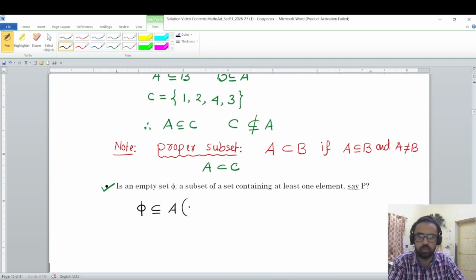What is an empty set? If a set does not have any element. So phi is always a subset of any set if the set is a non-empty set. So obviously phi can be a subset of a set containing a single element, say P. So your answer for this question, yes.